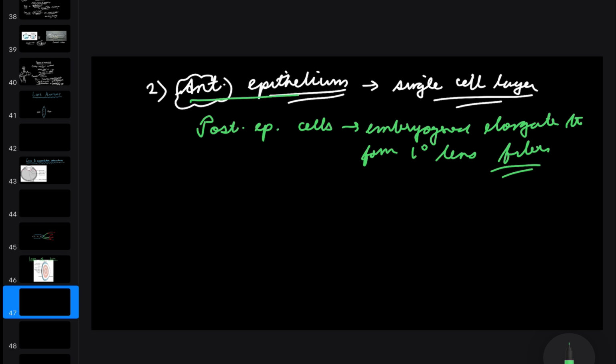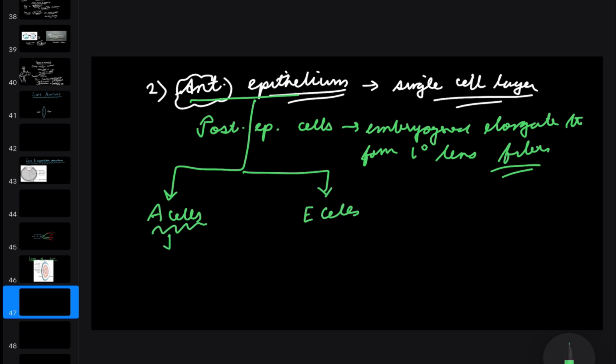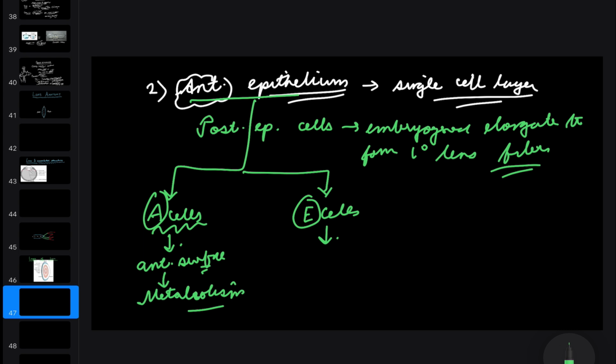Anterior epithelial cells are of two kinds: number one, the A cells, and number two, the E cells. A cells are present at the proper anterior surface of the lens, and they are concerned with the metabolism of the lens. E cells, on the other hand, A for anterior, E for equator, are present at the equatorial zones.